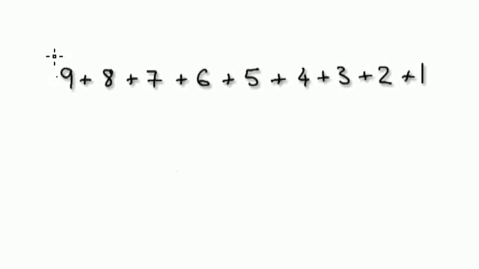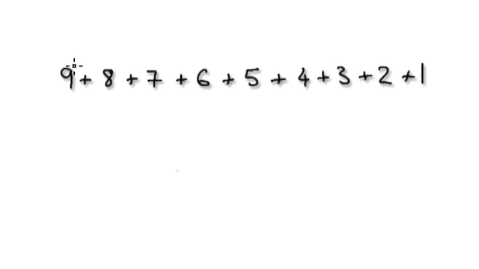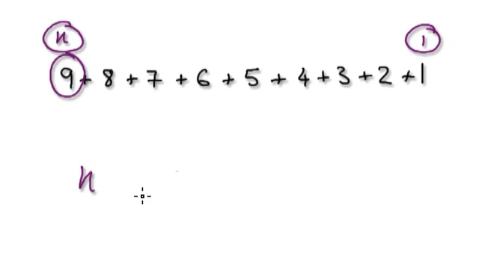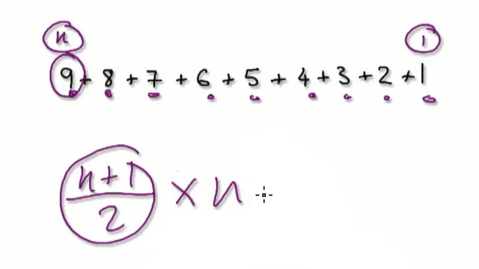And anyway, when you have a sequence like this, I don't know if you know this, but if you get the highest one, let's say this is n here, and add it to the last one, then divide by 2, that will give you the average of everything. Then you times the number of terms. In this case it's 1, 2, 3, 4, 5, 6, 7, 8, 9 terms, so you times 9 here.